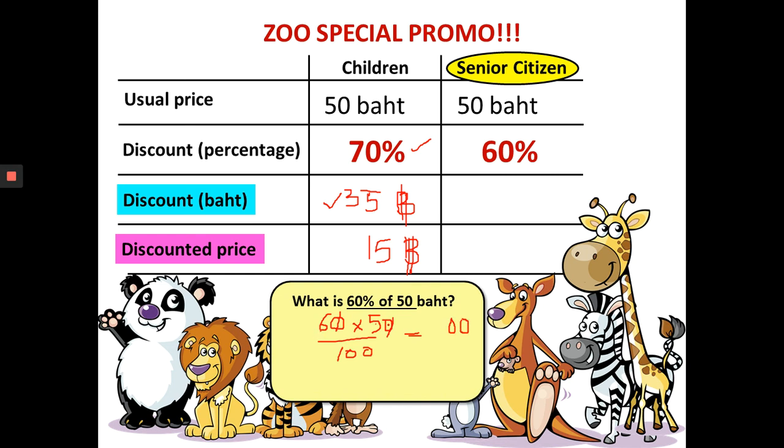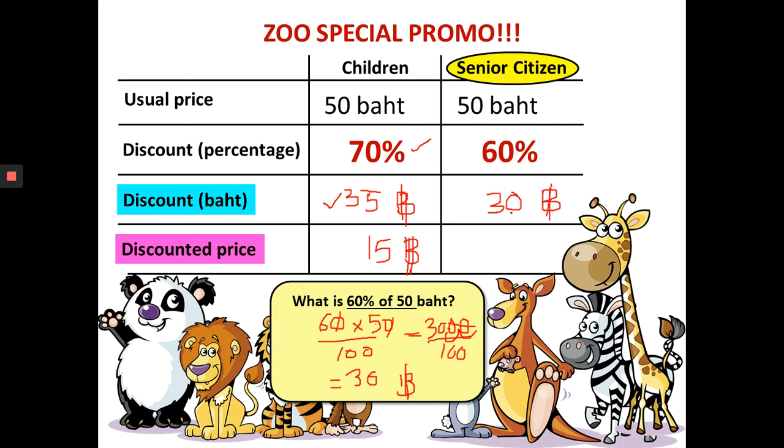Now 6 times 5 is 30 divided by 100. So 3,000 divided by 100, you just move the decimal point to the left 2 times. Okay, so that is 30 baht. So that means 60% of 50 is 30 baht.